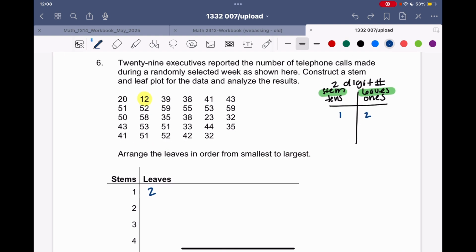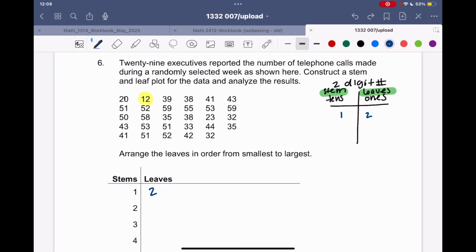Then you're going to look at everything from 20 to 29. So 20 to 29 is going to be 20, and I want to put them in order as I'm putting them in. And then we have a 23. So it's like 20 and then 23.